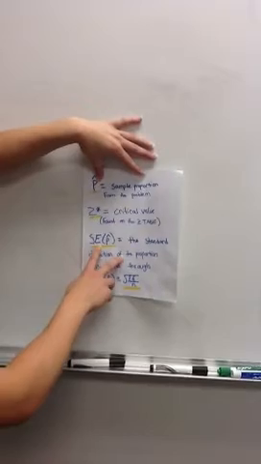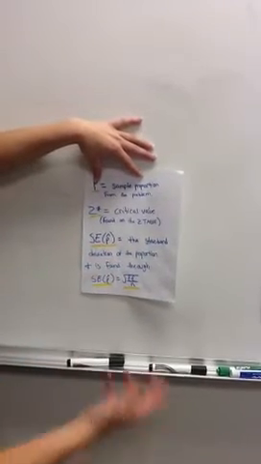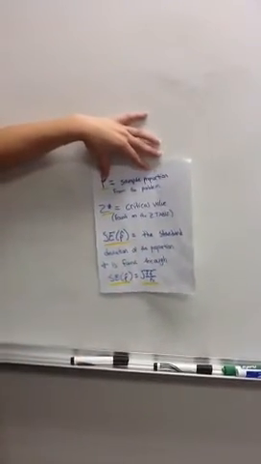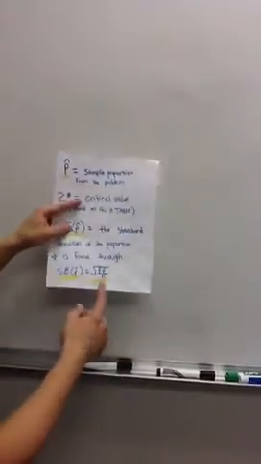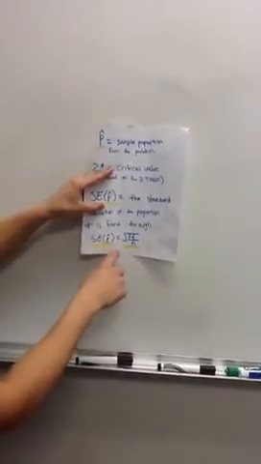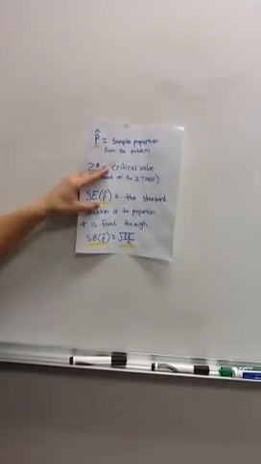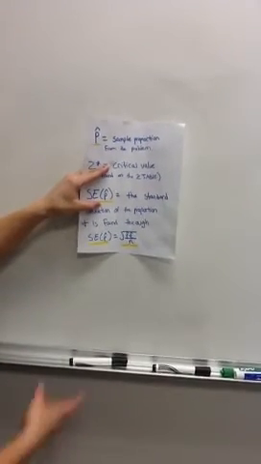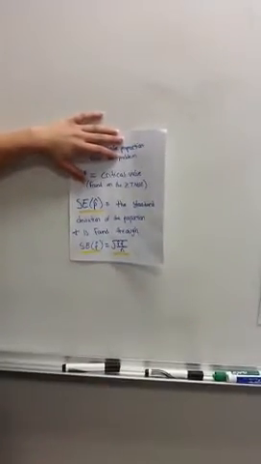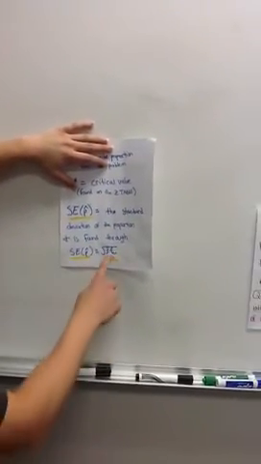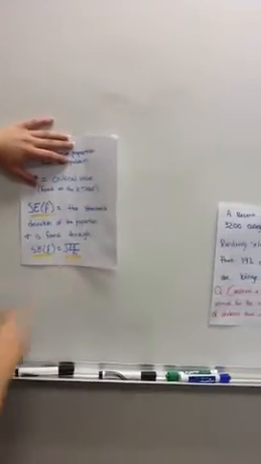And SE of p hat is the standard deviation of the proportion, which is estimated through another equation, right here. It's the square root of p hat times q hat over n. And n just means the sample size, so in our problem it's the 3,200 college students, and q hat is just found from 1 minus p hat. So alright, we'll go ahead and get this started.